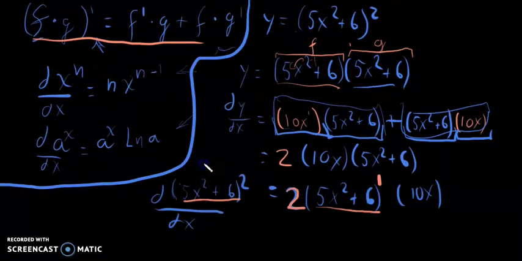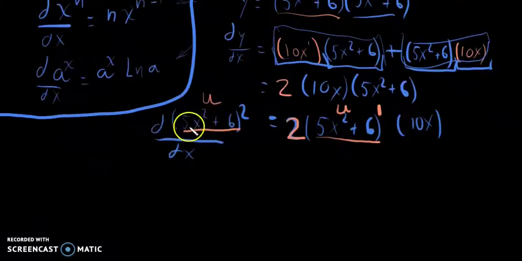So let's see, maybe if I replace that inside with a u, I'm going to be able to see that something interesting happened here. Because what we have there started out as a 5x squared plus 6 raised to the second. Now we say that u is going to be whatever is inside those parentheses. So let's just rewrite it in terms of u.